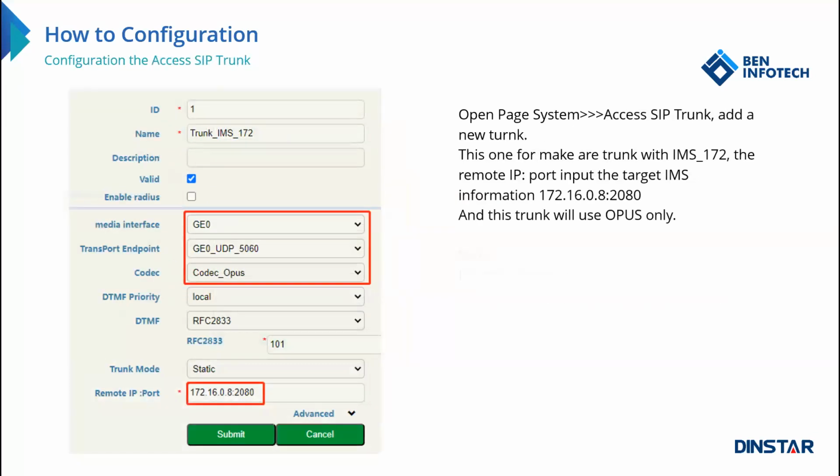So this is how you can add a SIP trunk. You'll go to the open page system and access SIP trunk, and then you will add a new trunk. This is about adding a trunk which is directly coming from your ISP, so this is basically a trunk mode.